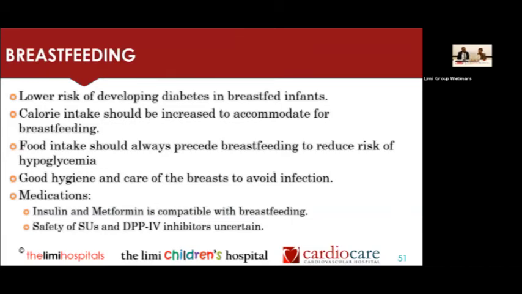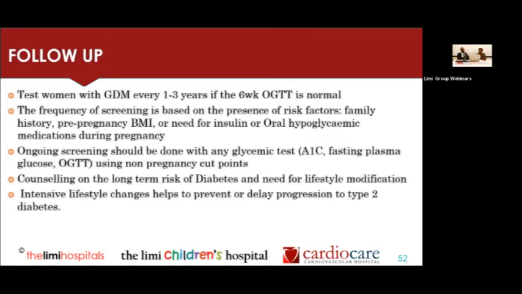Some people have used some SUs before, but many SUs, particularly glibenclamide, have been shown to be expressed significantly into breast milk and can cause hypoglycemia in the baby. So we should be aware of that. Metformin is excreted a bit into the breast milk, but it has not been found to show any harm to the babies yet. So I think basically we'll round up the presentation with that.